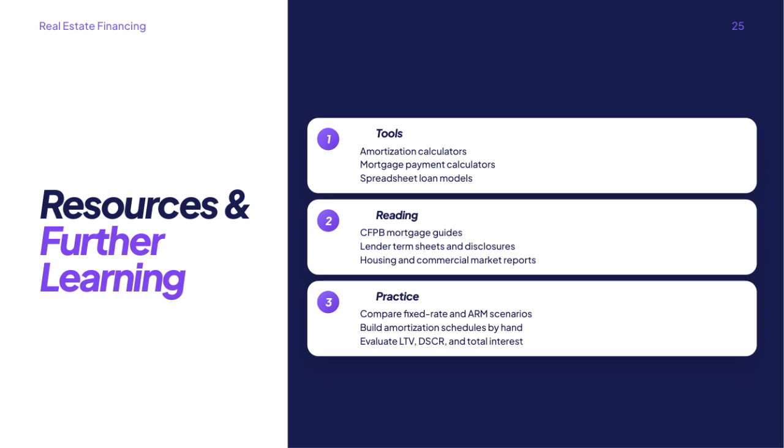Try comparing fixed rate and adjustable rate mortgage scenarios to see how each impacts long term costs. Building amortization schedules by hand can reinforce your understanding of loan mechanics. Also, evaluating key metrics like loan to value ratio, debt service coverage ratio, and total interest paid will deepen your financial analysis skills. These steps will help you become more confident and effective in real estate financing.